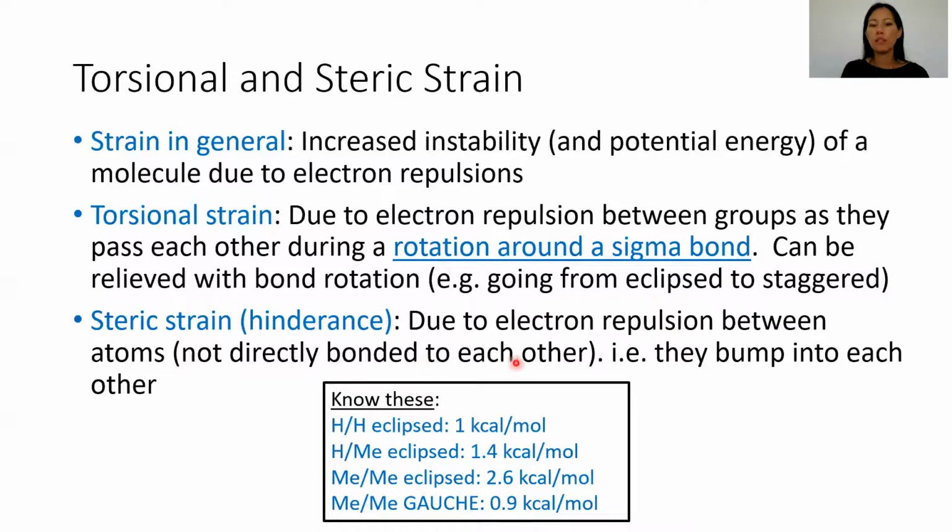These aren't directly bonded to each other, but they're near each other and they can even bump into each other. We saw that with the gauche interaction. It's nearby, and these methyls are close enough where it's a problem. There's repulsion. Know these interactions here and the energies associated with that.